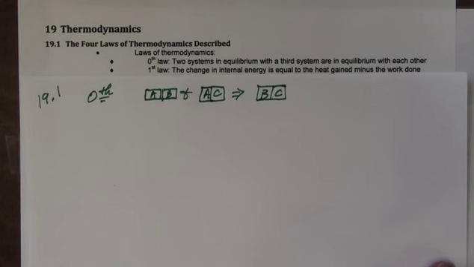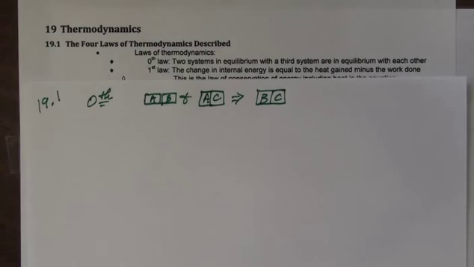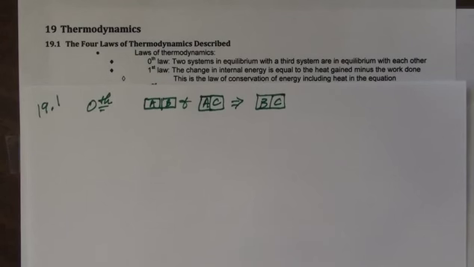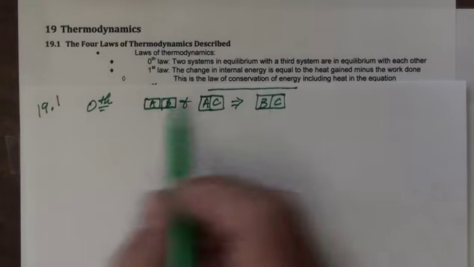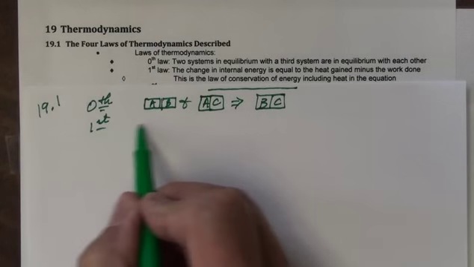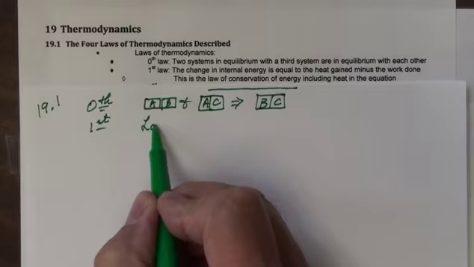The first law of thermodynamics is that the internal energy is equal to the heat gained minus the work done. Well, if you think about it, this is kind of common sense. It's the law of conservation of energy. So the first law is the law of conservation of energy.